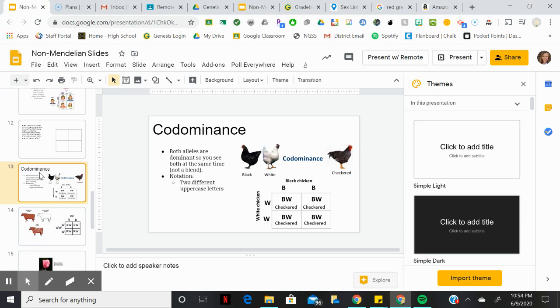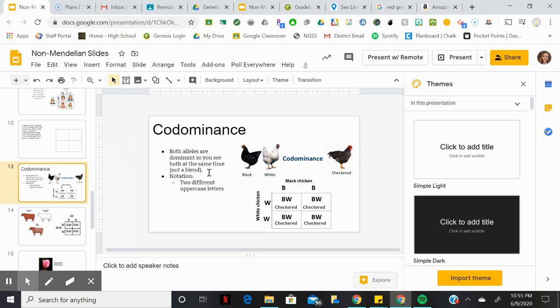So in this case, the notation is 2 different uppercase letters, right? There's 2 dominant alleles. It's not one uppercase, one lowercase. Literally, they're both dominant. So you see both at the same time. Now, the difference is you don't see a blend. You literally see both of them at the same time.